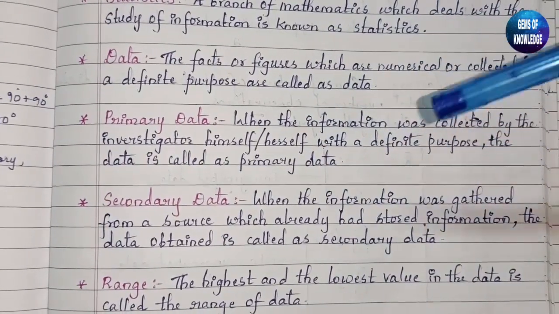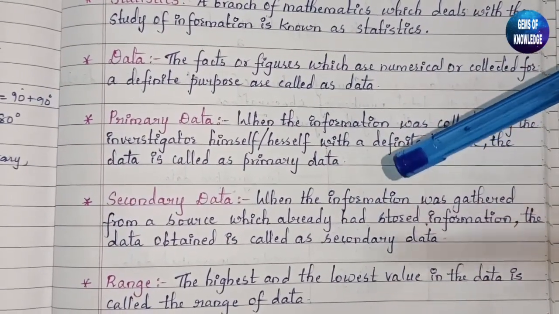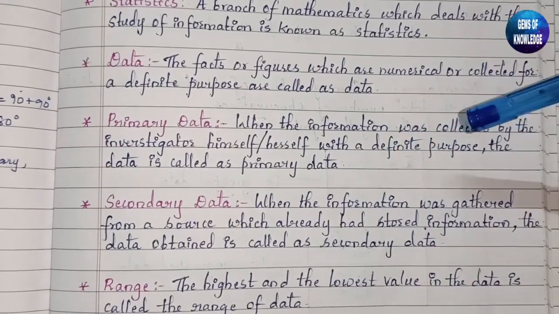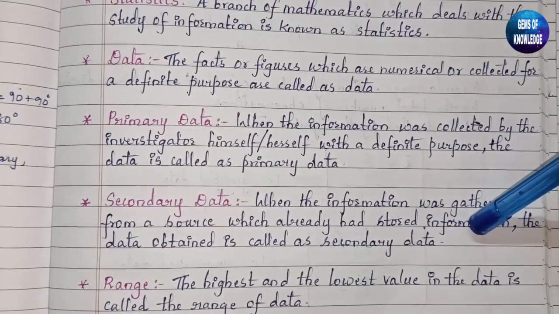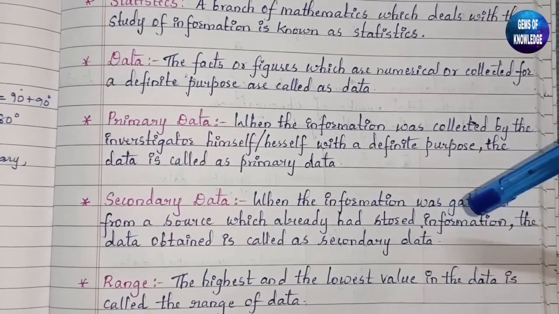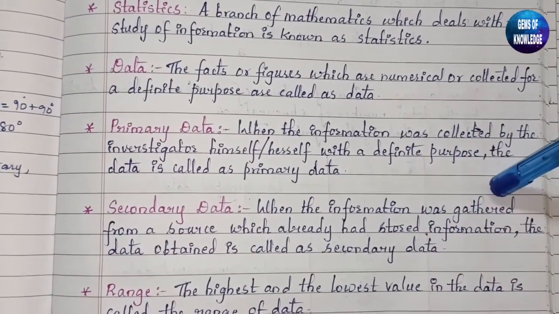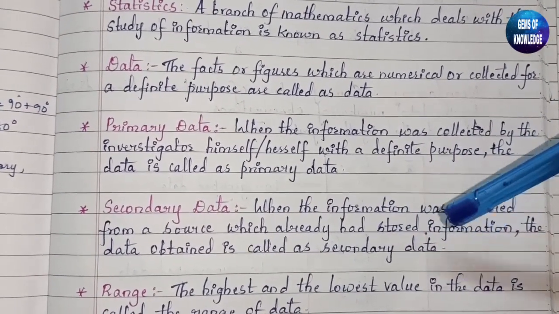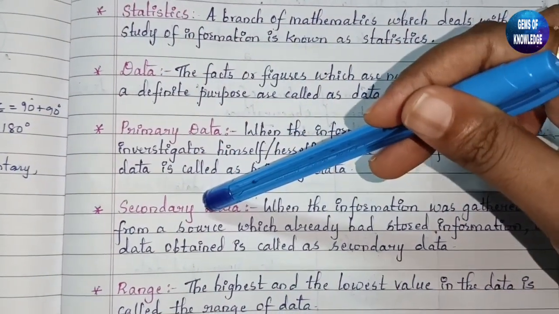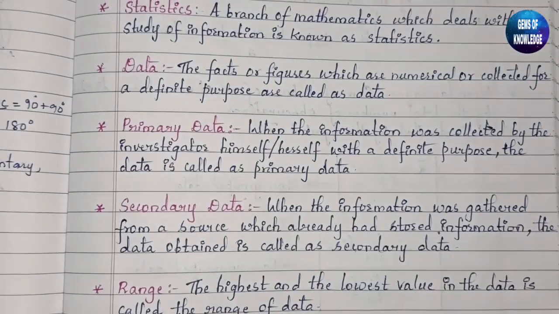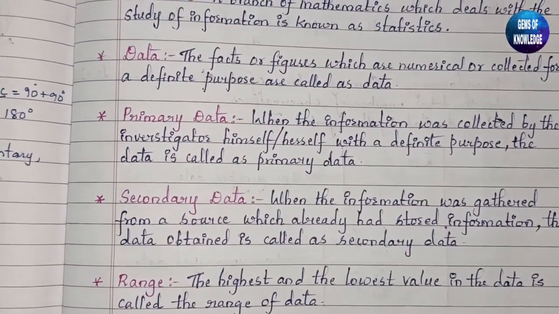You get the information that in India you had this much rainfall in that year. That is nothing but the stored information which you get from Google, newspaper, TV, or whatever your sources are. You gathered that information, and that information is your secondary data. I hope now you have understood what primary and secondary data are.